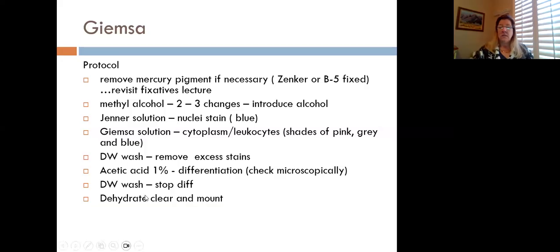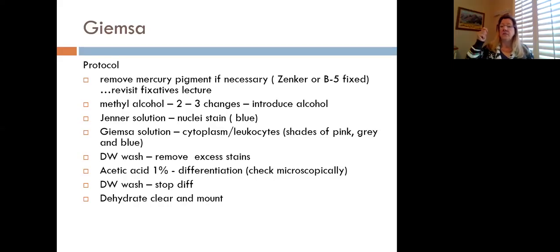So you take your slide and you put it into the acetic acid, give it a couple dips in the acetic acid. You pull it out, you dip it into your water to stop that differentiation from happening.